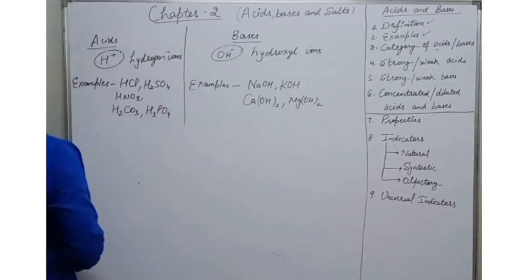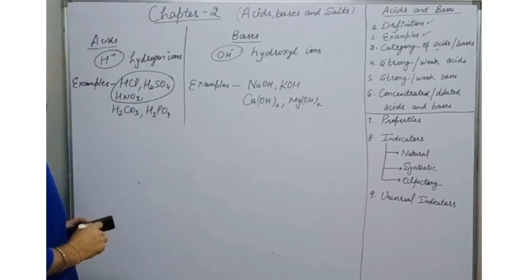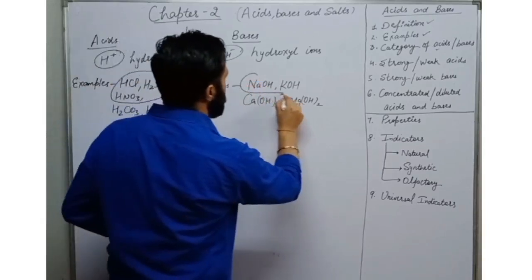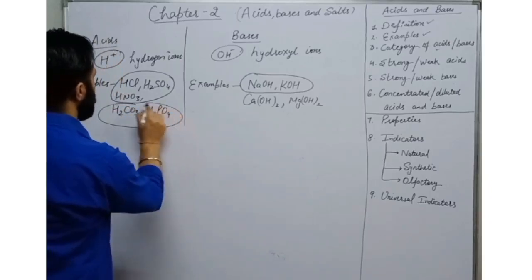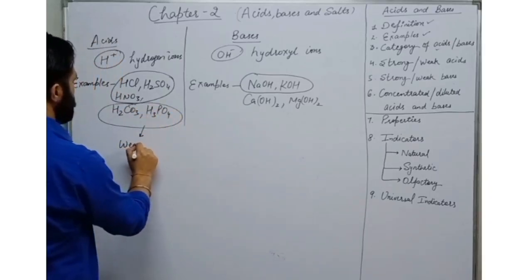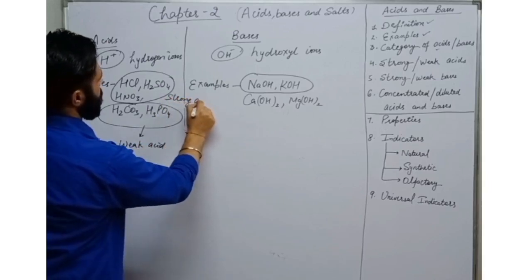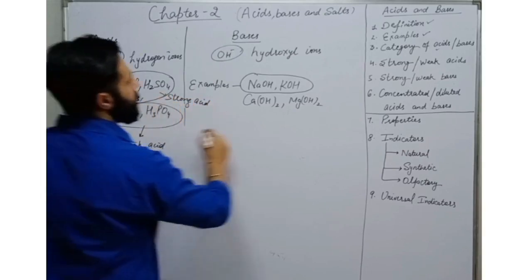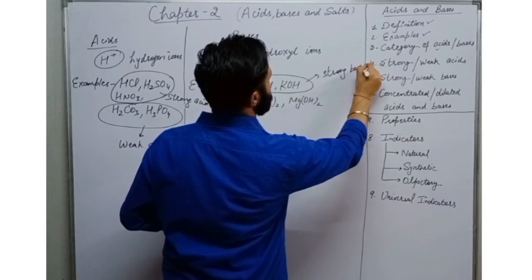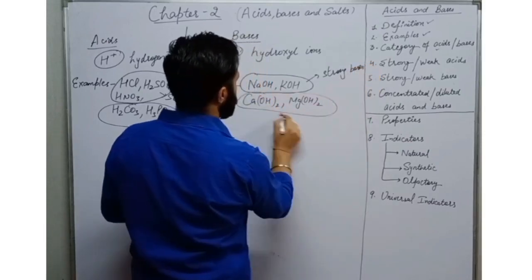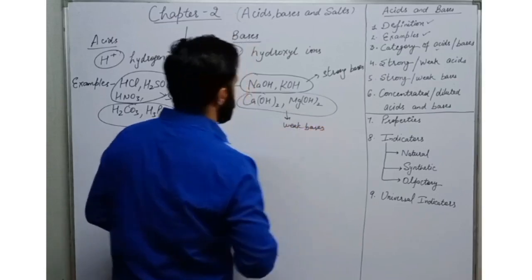One more thing beta. These are the examples of strong acids, these are the examples of strong bases, and these two are examples of weak acids. These are strong bases, and these two are weak bases.